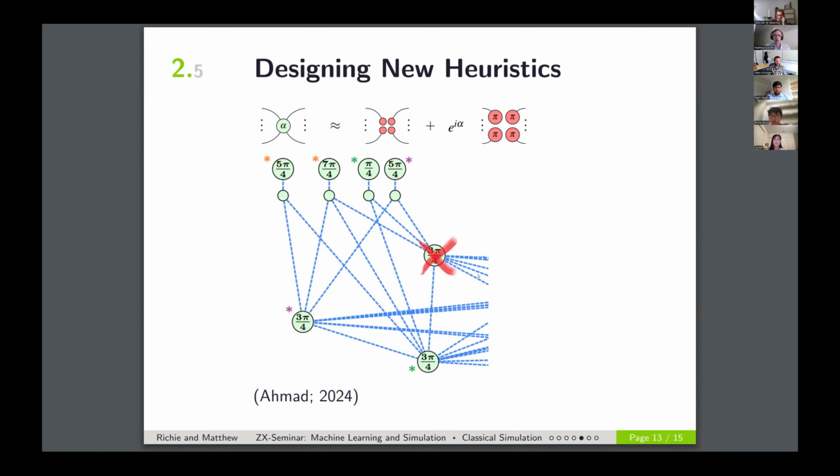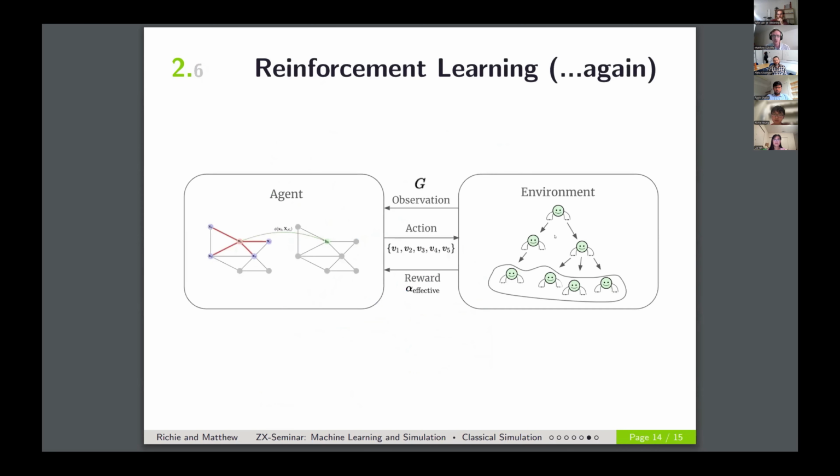But how do we decide when and where we should be applying these? Well, that's quite a hard problem, and there are lots of heuristics that try and find generally applicable cases where it might be useful. But you're often going to miss little tricks here and there. So this is where reinforcement learning can come in. As Richie showed earlier, reinforcement learning has been used for optimization, where the action space is just the rewriting rules essentially.